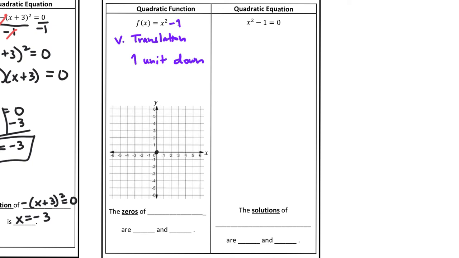So if I use the parent points, and I'm just moving all the points 1 unit down, it gives me the following.